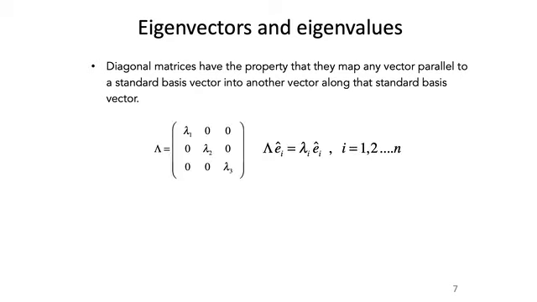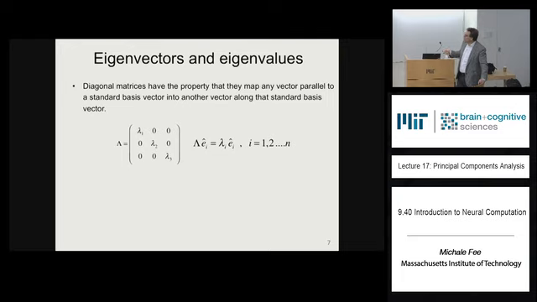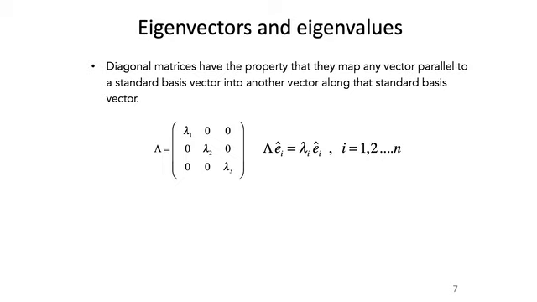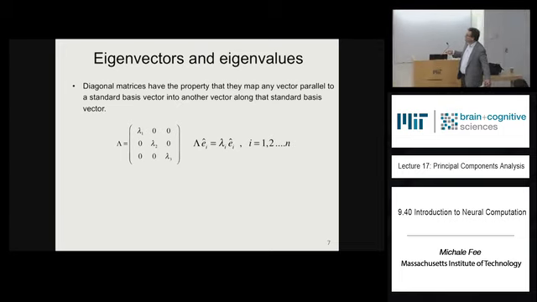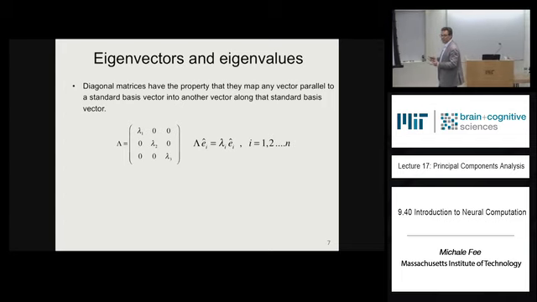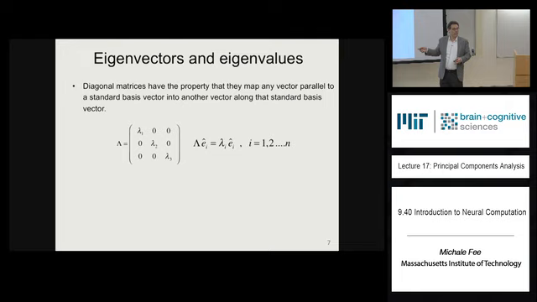Now that is a general n-dimensional diagonal matrix with these lambdas, which are just scalar constants along the diagonal. There are n equations that say this matrix times a vector in the direction of a standard basis vector is equal to a constant times that vector. Any questions about that? Everything else just flows from this very easily. If you have any questions, just ask.